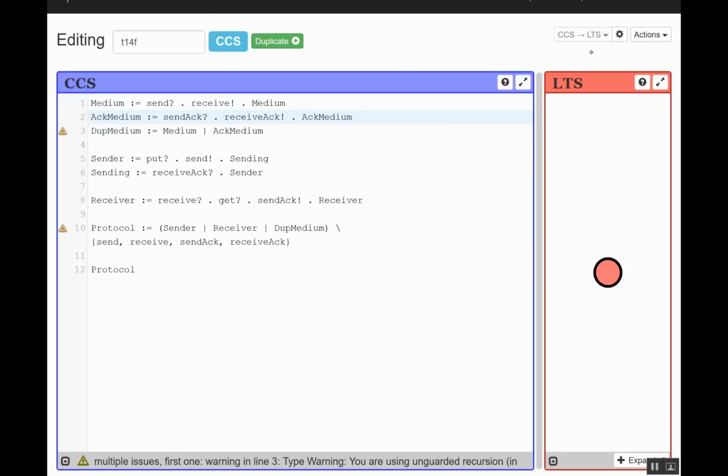So here it is in our favorite tool. Okay, so the same specification. Here are all the entries of the function gamma, the bindings, and you may wonder whether this is indeed regular CCS. Okay, and the exclamation marks here give you indications about what parts may not be regular CCS.